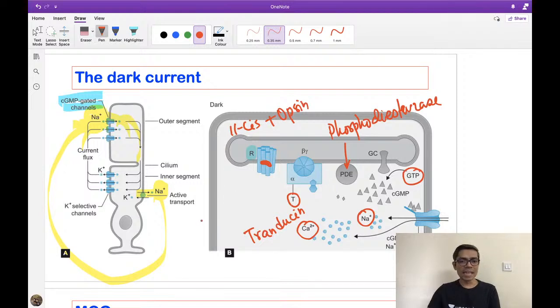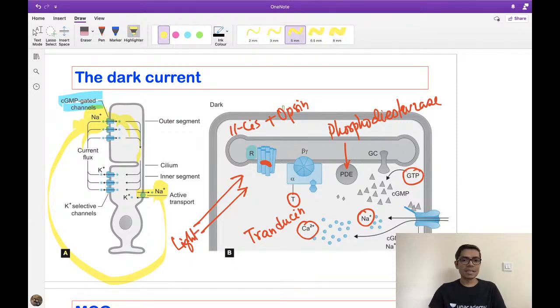Now when the light is falling on this outer segment of this rod and cone cell, we all know that this opsin is going to change its conformation. Whenever opsin changes its conformation, what will happen? Now the opsin is going to interact with this G protein. Then this G protein will be activated.